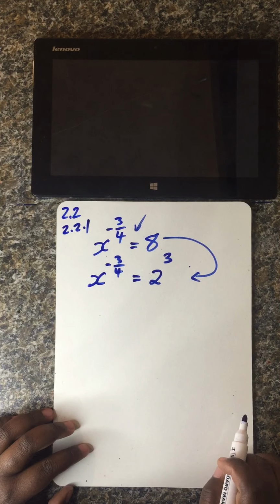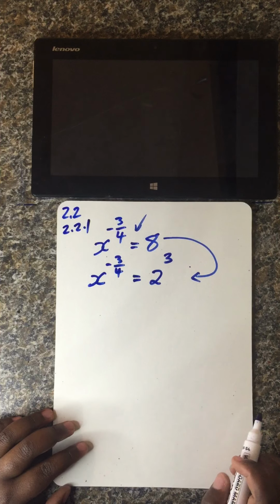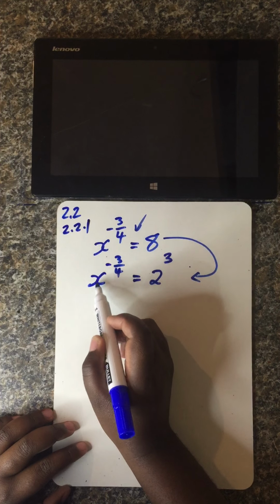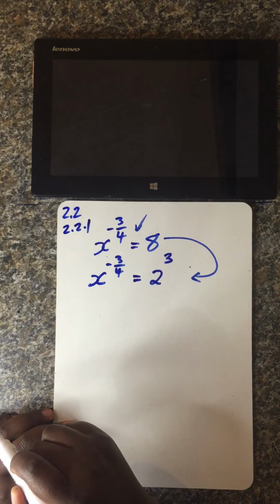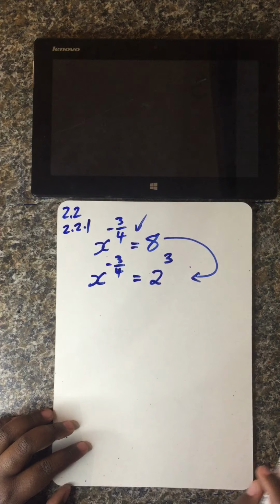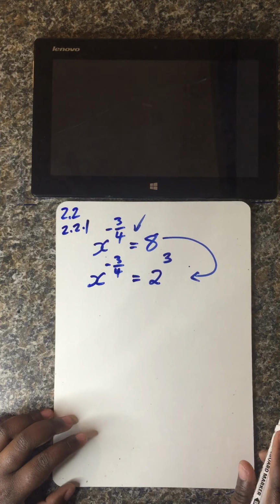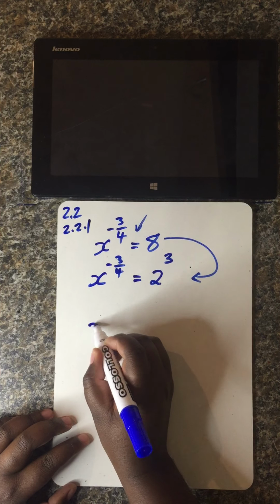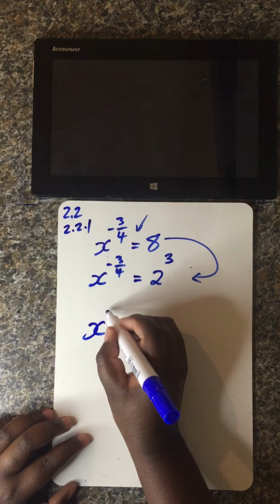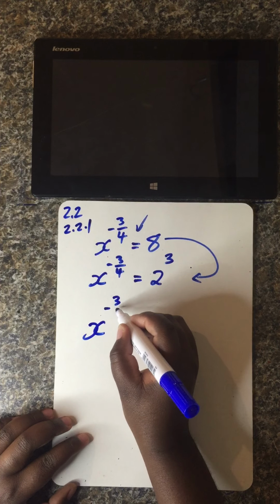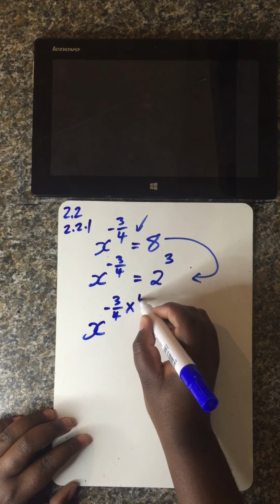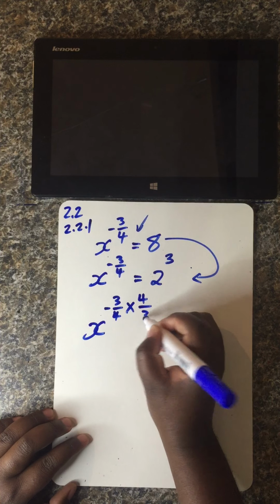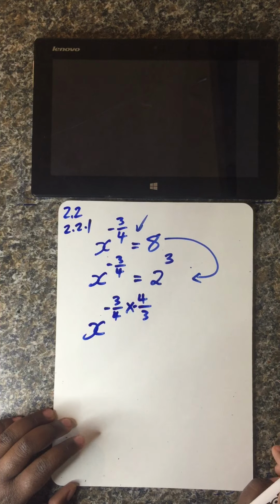So, ladies and gentlemen, the reason why you now have to do this step is because you want to just remain with x and tell us exactly how much that x is equal to. Very, very much important. So now let's check. x to the power negative 3 over 4, if you multiply by 4 over 3, but most importantly negative.